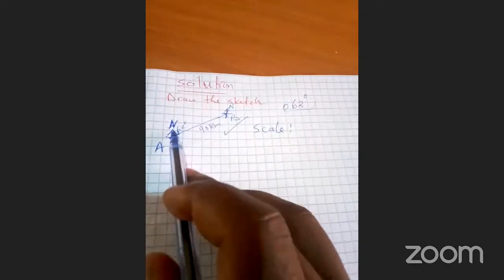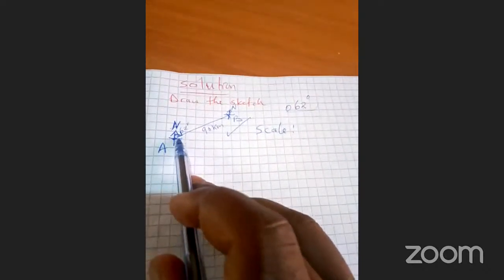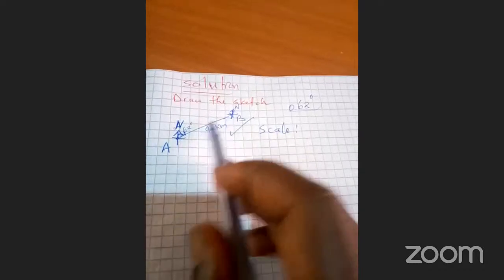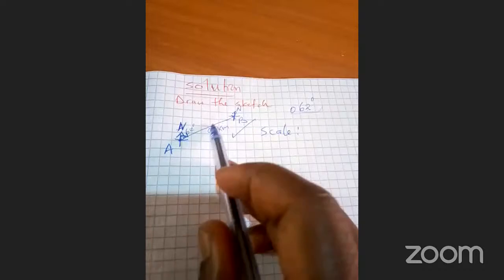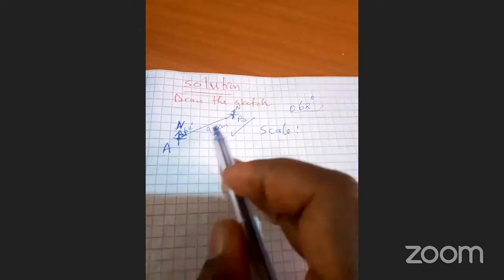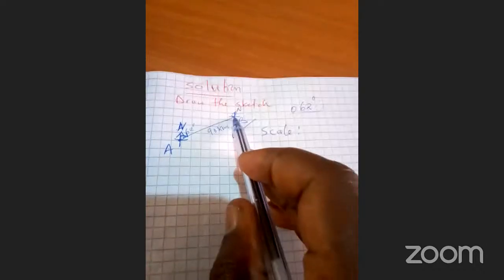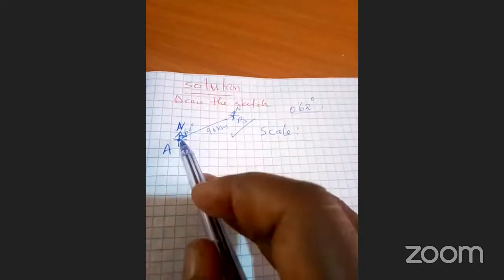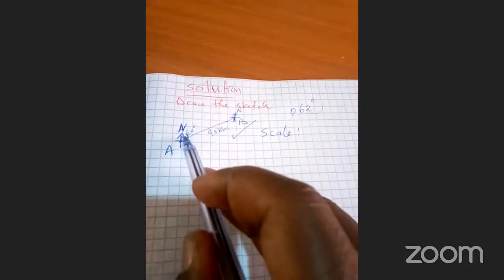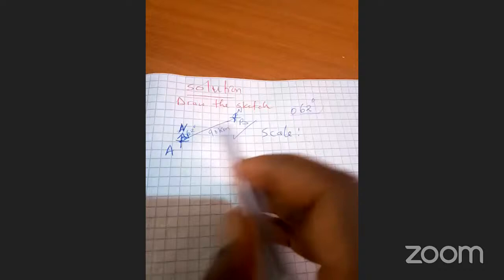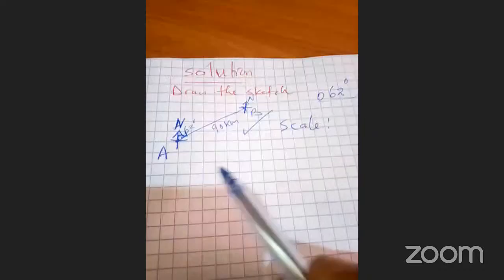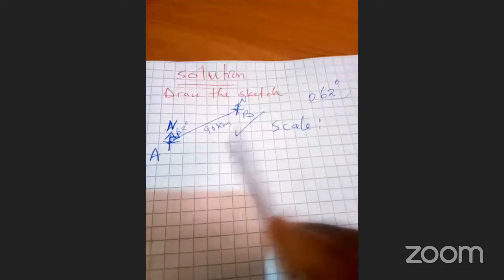So tuseme imekuja 62 degrees, umepata to be hapo. You use that one to draw a line. Unachora tu line mrefu, then where the 90 kilometer mark will end, hapo ndio B is. So between A and B, 90 kilometers, the bearing of B from A ni 062 degrees. So that is the sketch of the question.